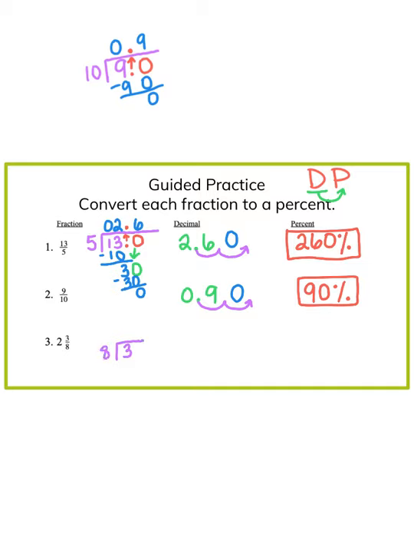And I'm going to divide. 8 cannot go into 3, so before I can move on, I need to add a decimal point and a 0 and bring my decimal point up into my answer. 8 can go into 30 3 times. And 8 times 3 is 24.